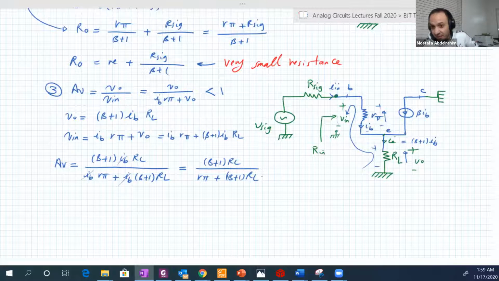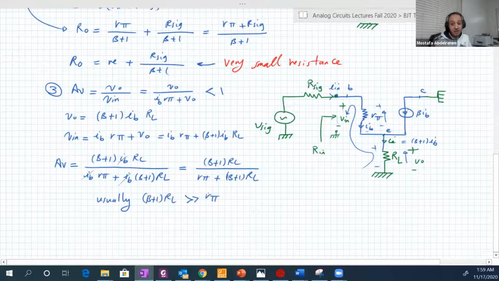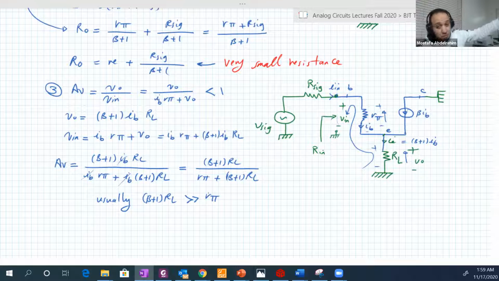And here is the trick. Yes, it's less than 1, but usually (beta plus 1) RL is much larger than R pi. Why is that? Because even if RL is small, it will be multiplied by beta, which is usually 100 or something, or even more.